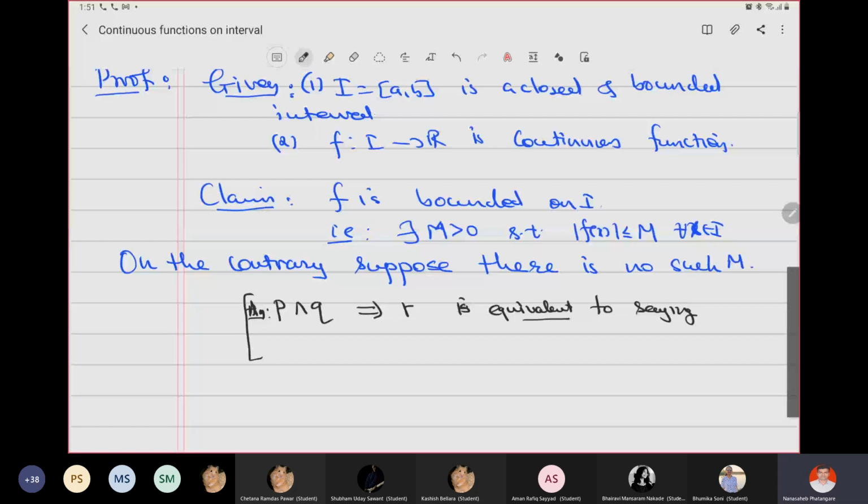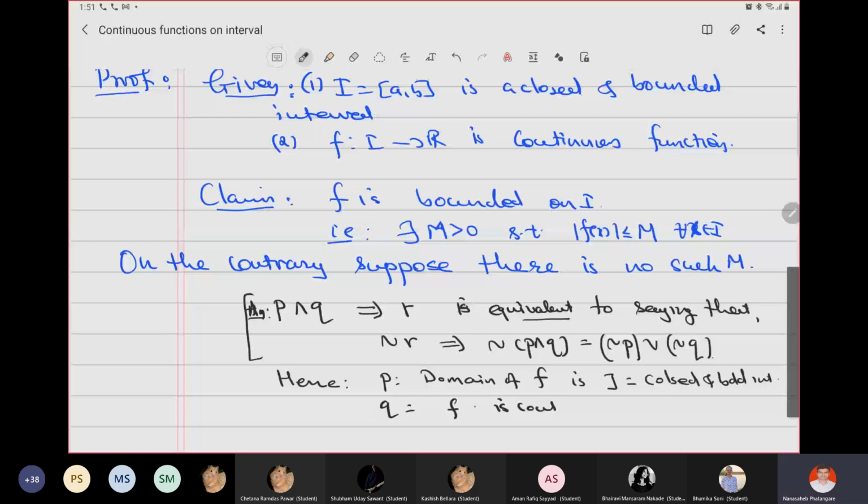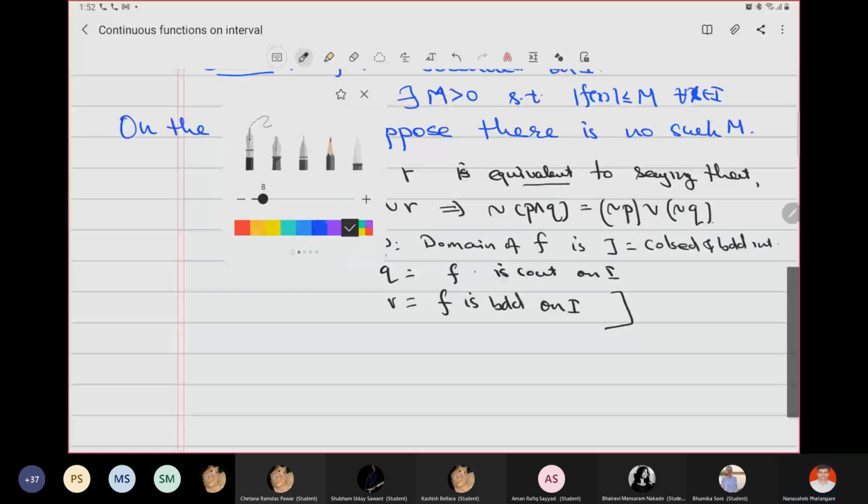And what is my statement Q? f is continuous on I. What is my statement R here? f is bounded on I. Now, what is my strategy? I am assuming the negation of R, and then I will get the negation of P or the negation of Q. This is the strategy. Logically, once it is clear, then the rest of the job is very easy, right?